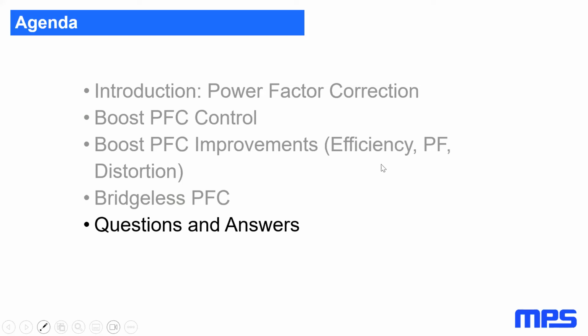What is more important to you? Is it the size? Is it the cost? Is it the efficiency? There's never, or rarely, only one answer to the question or only one solution that can be used. So you have to make your choice depending on what's more important to you. If you're driven by cost, then you will always try to use the cheapest and simplest solution that gives enough performance.